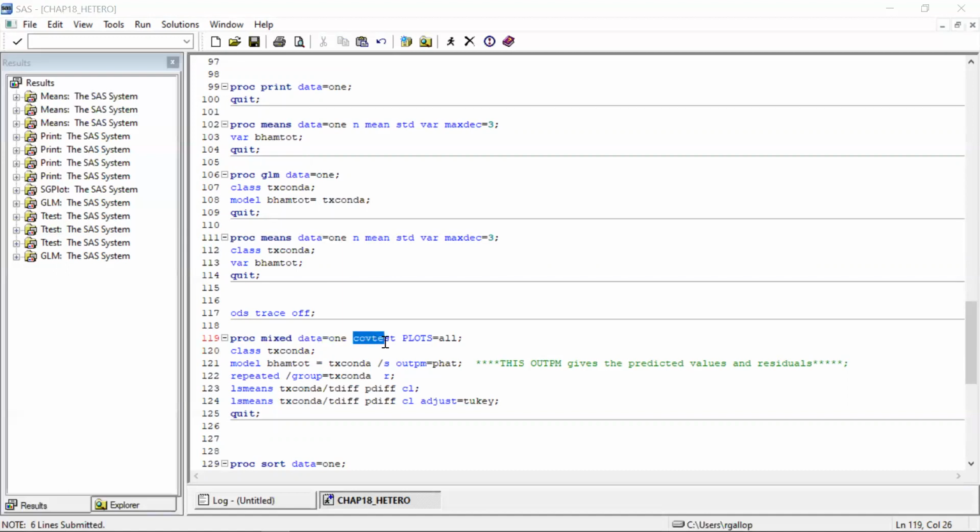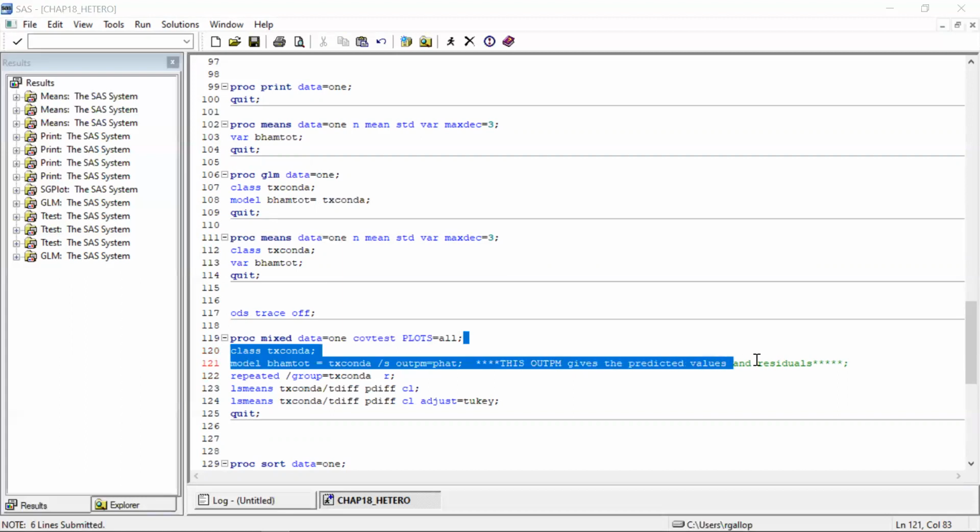COVTEST is an option. It's going to produce the variance test for us, basically the variance matrix. Like proc GLM, the categorical predictors go in our class statement, and the model statement will give us the model just like proc GLM.